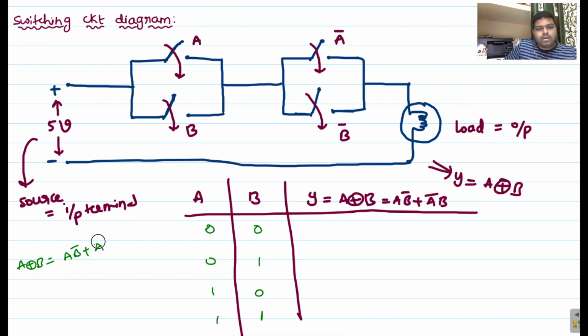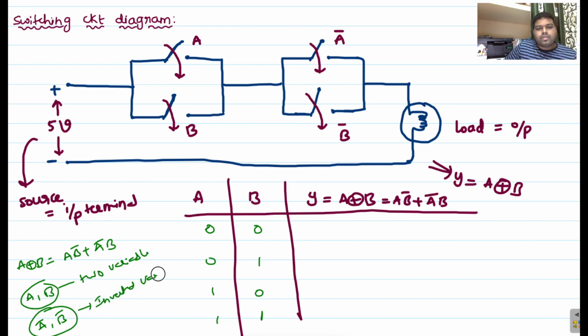A B bar plus A bar B, that means A, B are 2 variables, and 2 variables means we can use 2 switches, that is enough. But in this logic expression we are directly using A bar, B bar, so inverted variables also. These inverted variables also can use switches in the circuit implementation. So that's why we are getting a total of 4 switches.